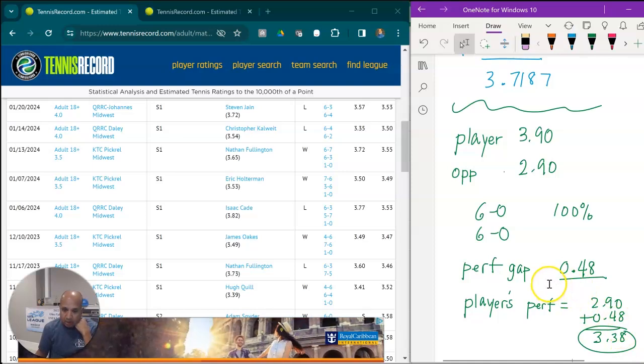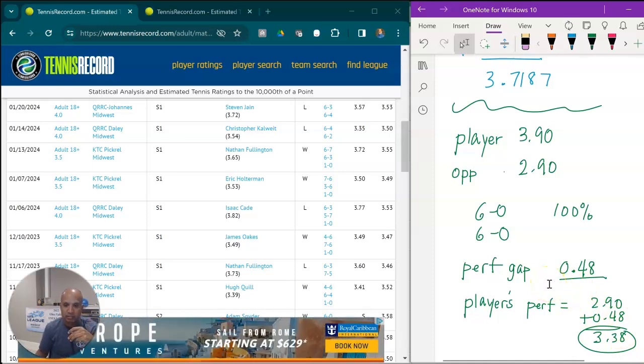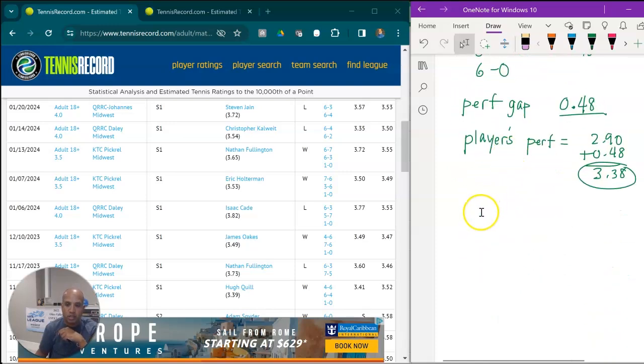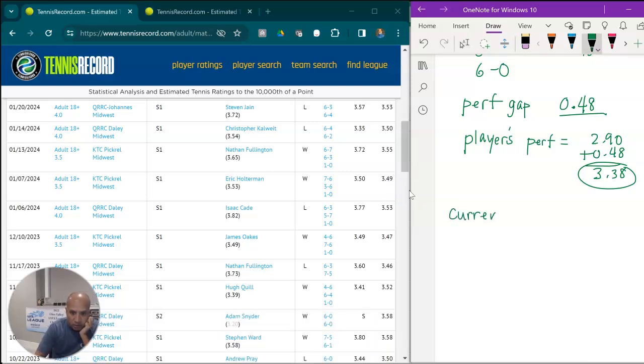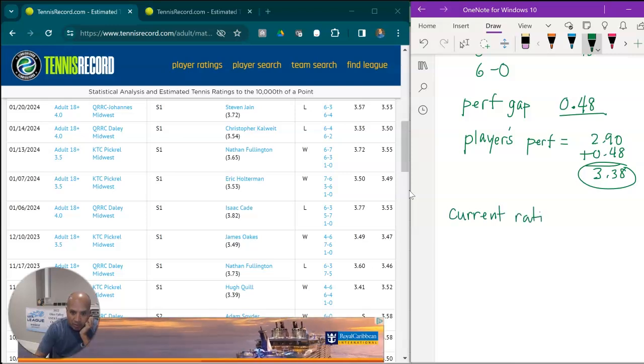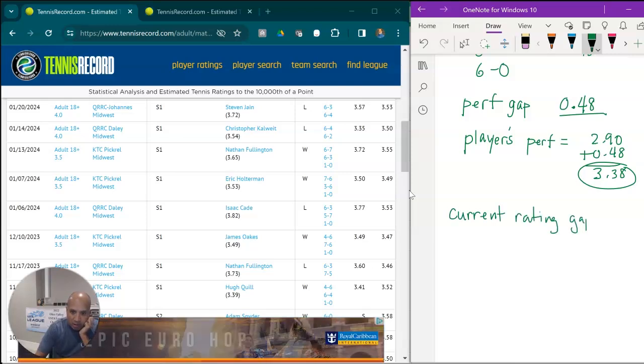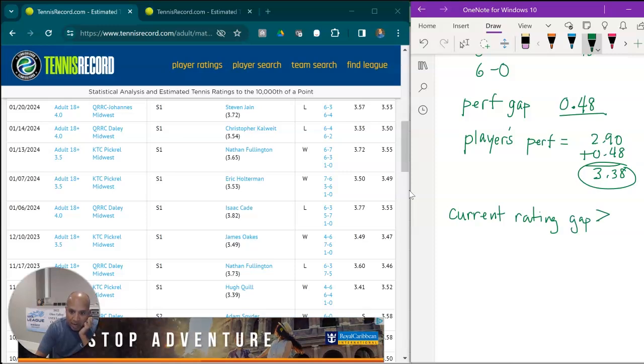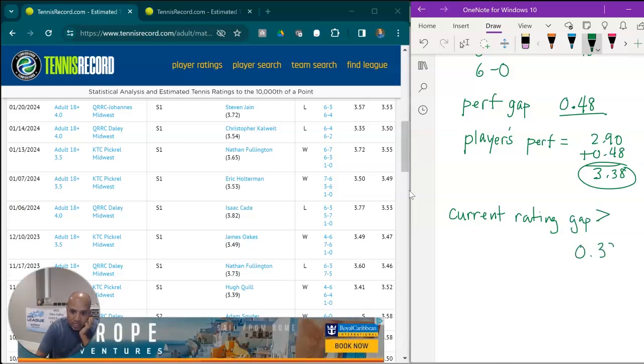So, long story short, there is a separate set of rules for when the player and the opponent have a wide gap to begin with, that their current rating gap is very large. And by very large, I mean when the current rating gap is greater than about 0.38.